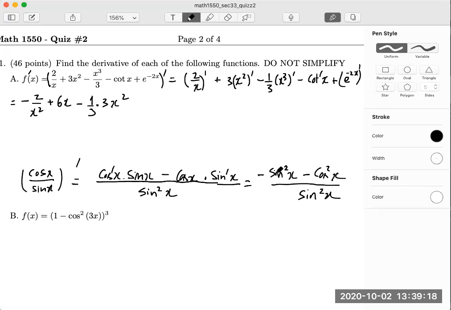And remember, sine squared plus cosine squared gives us 1. So it becomes this, and there is a negative sign in front. Let us factor it out, right? Sine squared plus cosine squared, which is 1.